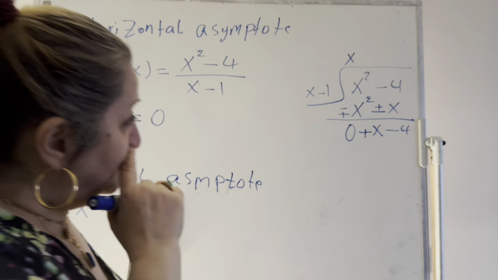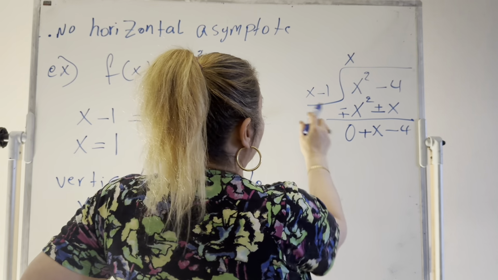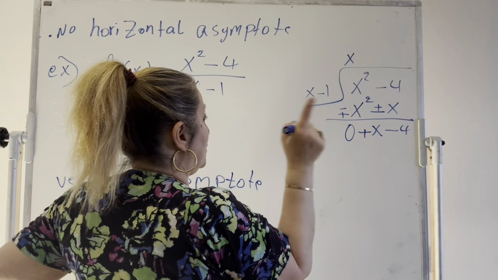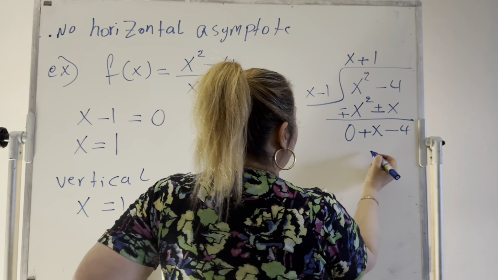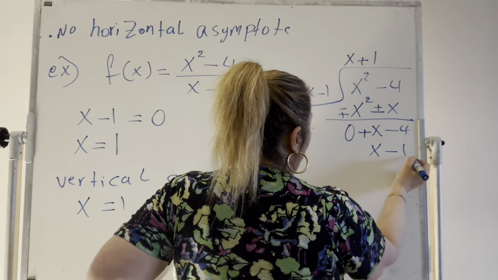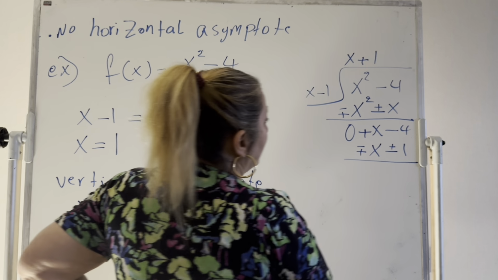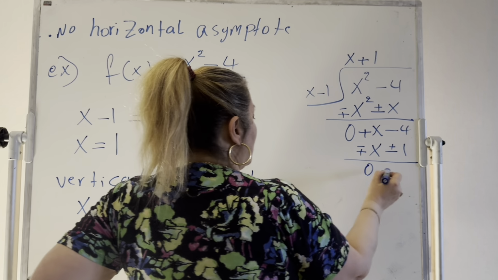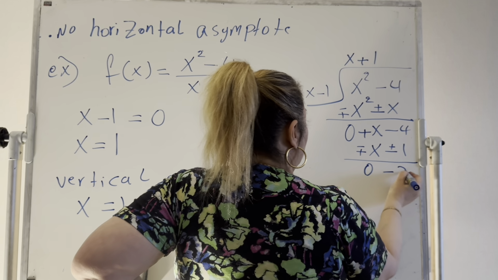I will continue with division because I have the same degree here. How many x in this x? It's just 1, so plus 1. 1 times x equals x, and 1 times minus 1 equals minus 1. I will change the sign. x minus x equals 0, and minus 4 plus 1 equals minus 3.